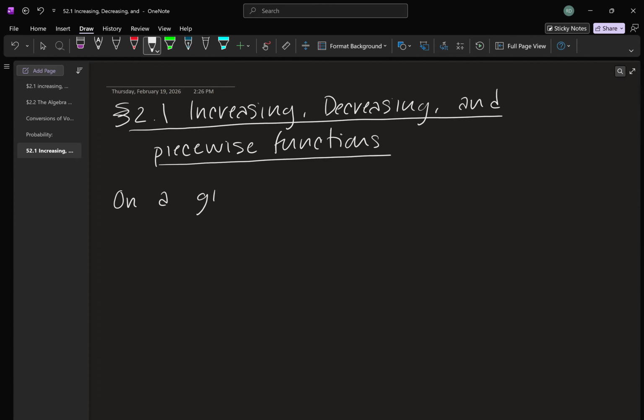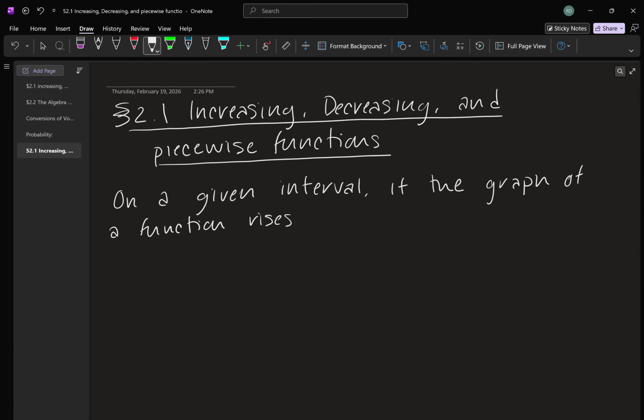On a given interval, if the graph of the function rises from left to right, it is said to be increasing on that interval.